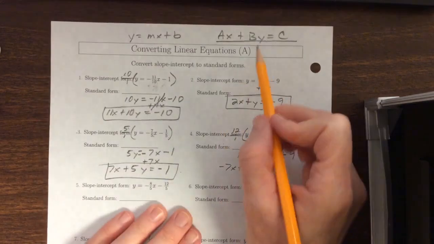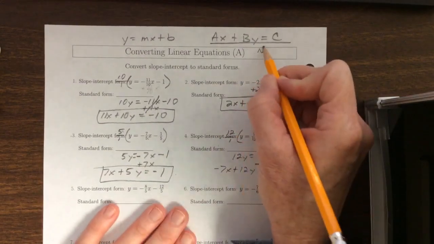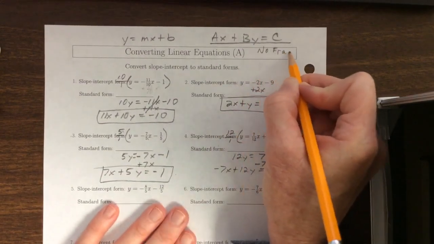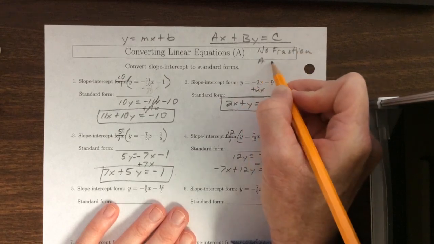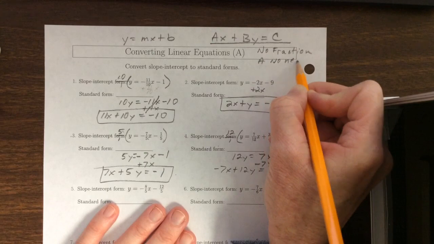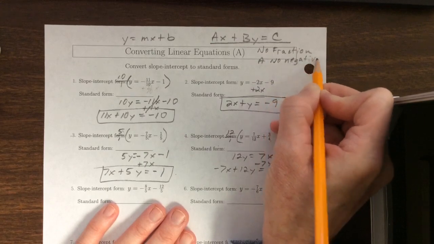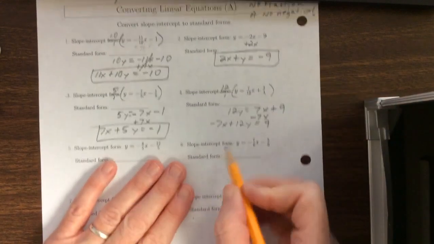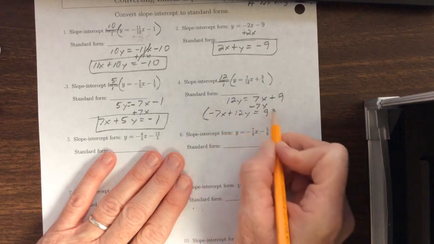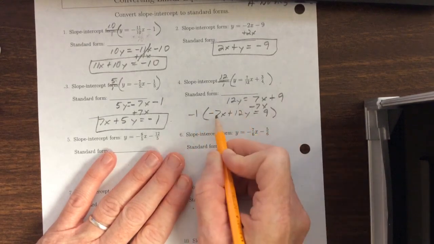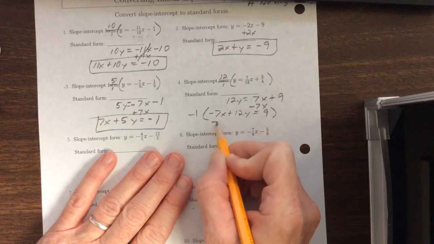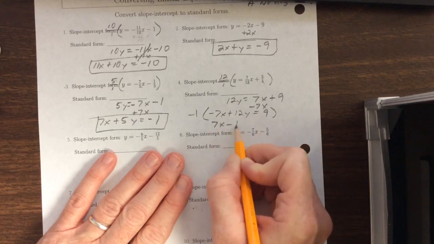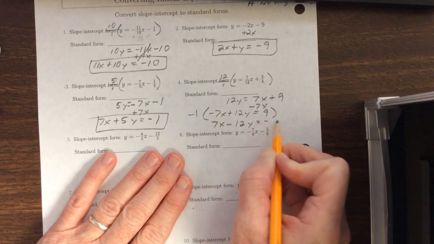Okay, now the rule is no fractions, and also a can't be negative. So this is negative, so we need to multiply everything by a negative 1, and that in turn switches the sign on everything. So now we have 7x minus 12y equals negative 9.